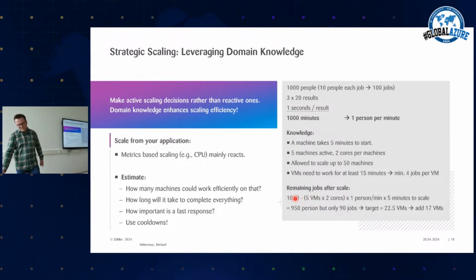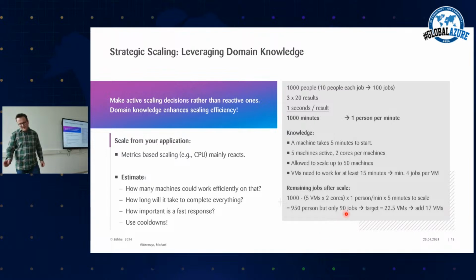So if you have 1,000 people minus the 10 jobs that you can do in the 5 minutes that it takes to scale, you're removing 50 people who are already done at the point when those machines become available. So from that point in time, you still have 950 people to compute.